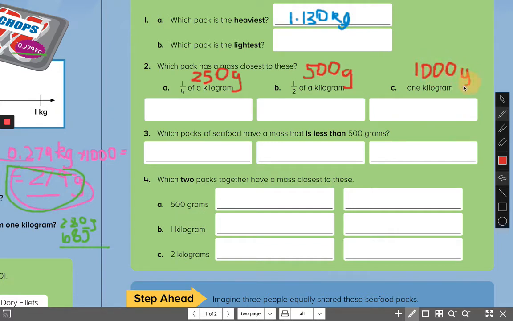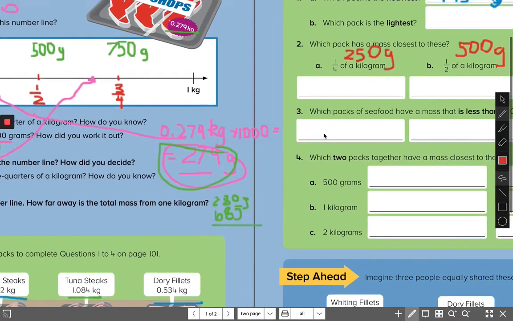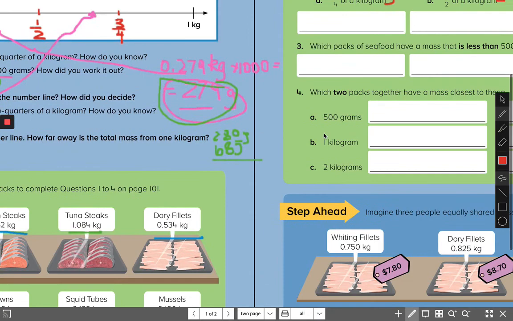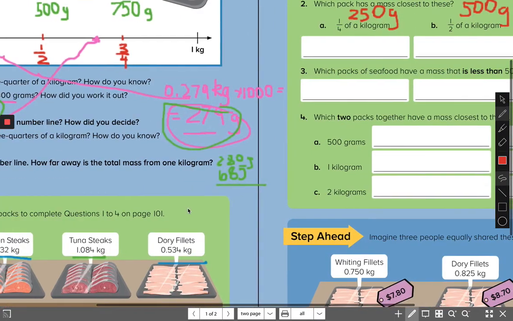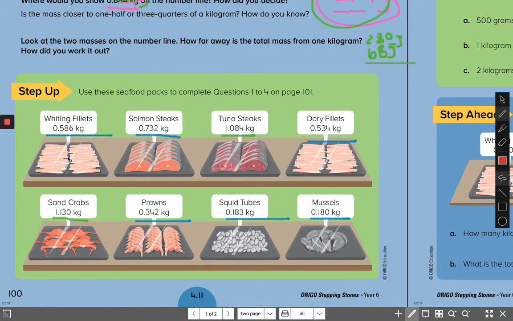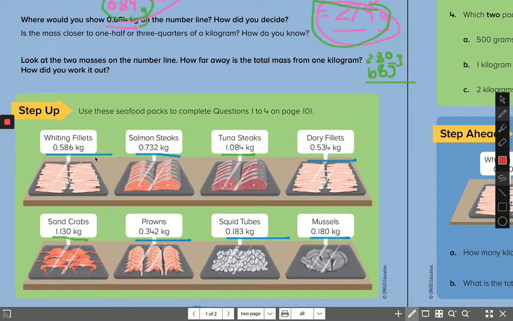grams. And then I will go back to my picture and I'll have a look, well, which one is the closest one to 250 grams? You can convert all these ones to grams first. Like, we know that this is going to be 586 grams.